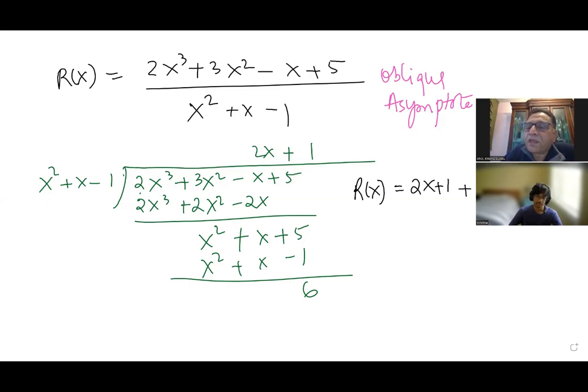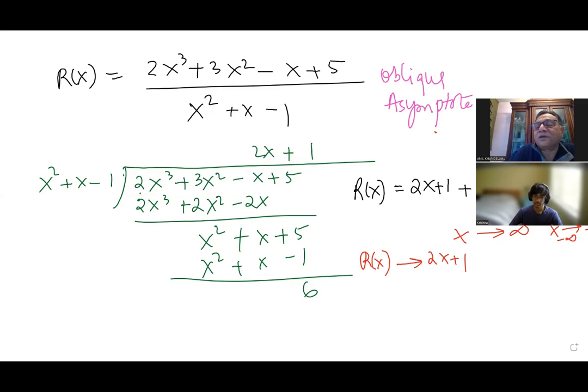What does it mean when x approaches an infinitely large value? It could be positive, or it could be negative infinity. In that case, what happens? Your rational function is actually approaching 2x plus 1, right?